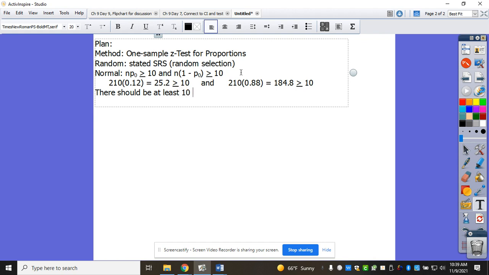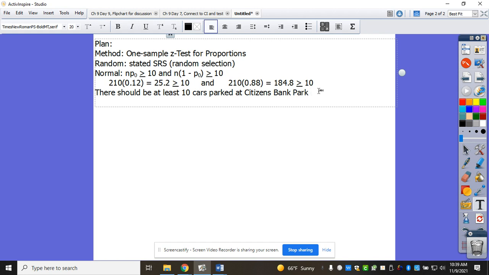There should be at least 10 cars parked at Citizens Bank Park on the day of a home game. The should be part is technically the way it should be written, but I don't care if you're not being that specific, because this doesn't mean there actually were that many that day.